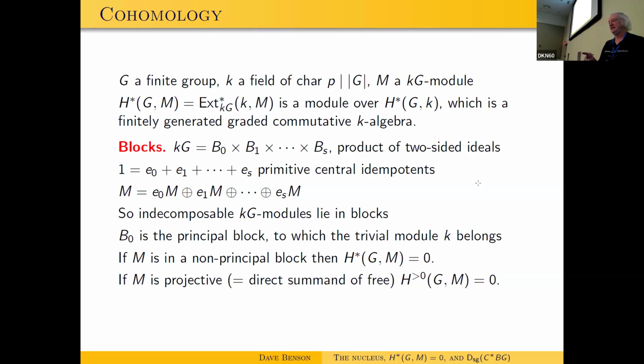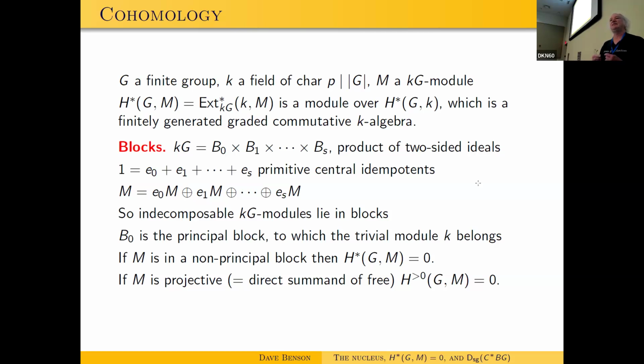If you then see where the identity goes in this decomposition, it's a sum of primitive central orthogonal idempotents. And so if I hit any module with these idempotents, it decomposes the module into bits that are in a block. So indecomposable modules are automatically in just one block.